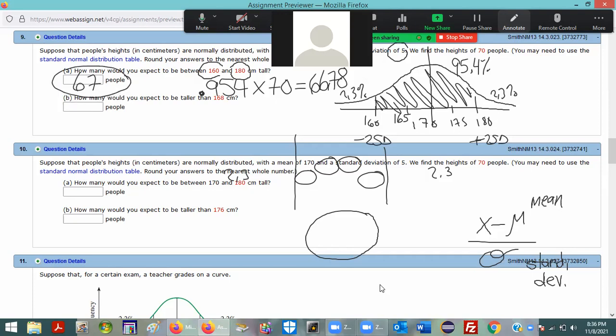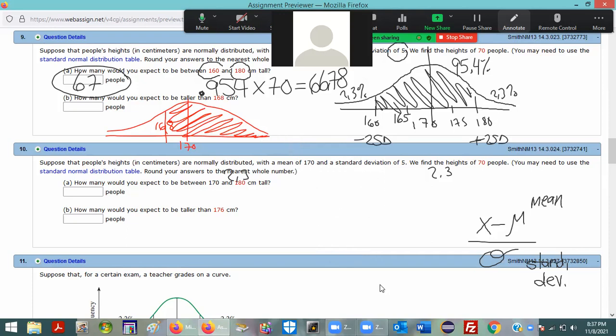And then in this next one, they're asking us for our expectations that were above 168. Again, our center is at 170, and they're asking for everything above. This time we're going to need a z-score because this doesn't fit nicely into that graph that we have. So we're going to use the z-score for this one.